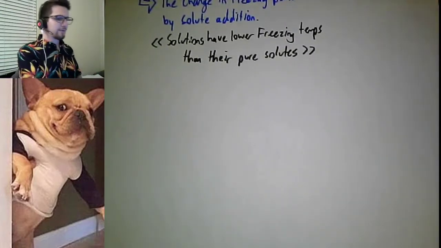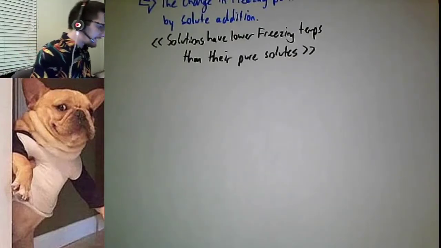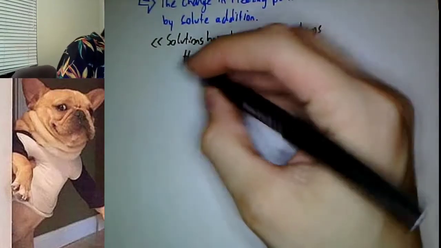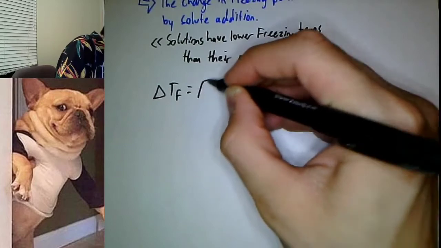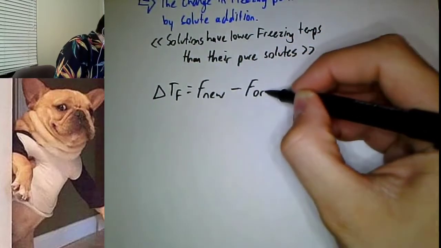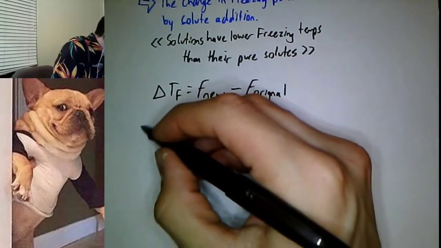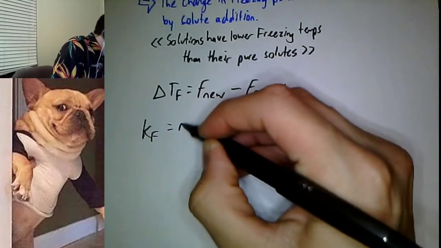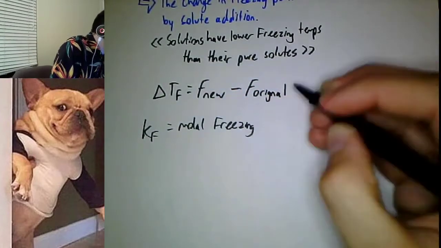So we had the boiling point elevation. If you understood that, fantastic. You also understand this. It literally has the same equation. So the change in freezing point equals your new freezing point minus your original freezing point. And guess what this thing is called? We have this thing called Kf, and that's called the molal freezing point constant.